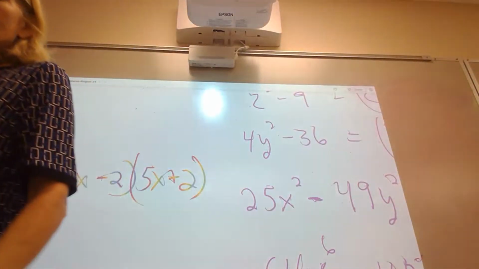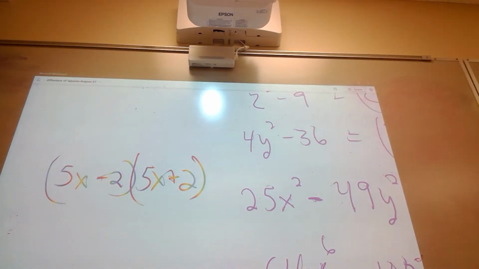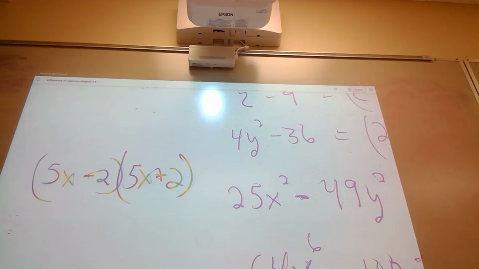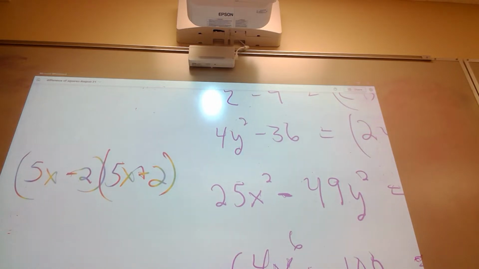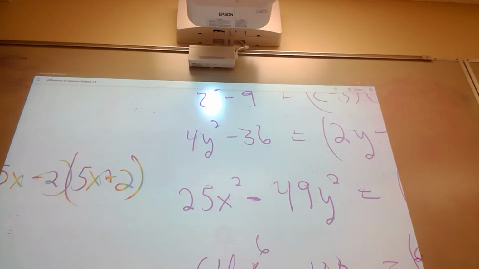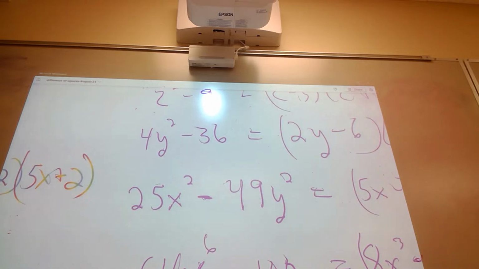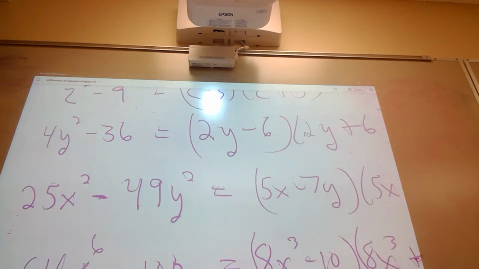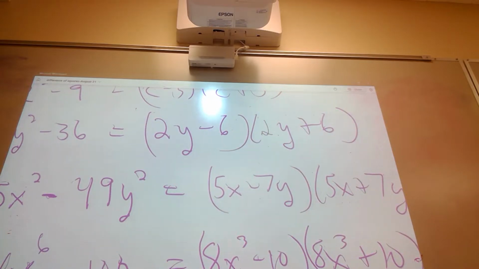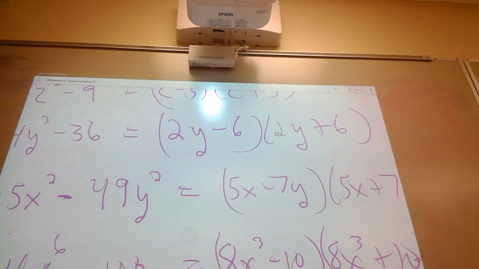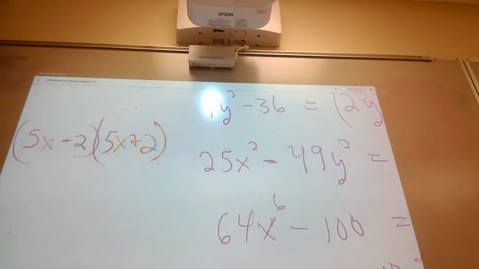Remember, we add those exponents. What times itself gives you x to the 6? X to the third. X to the third times x to the third is x to the 6. So we have 8x cubed minus 10 times 8x cubed plus 10. All right? Not too hard. You're just taking the square root and plugging it in.